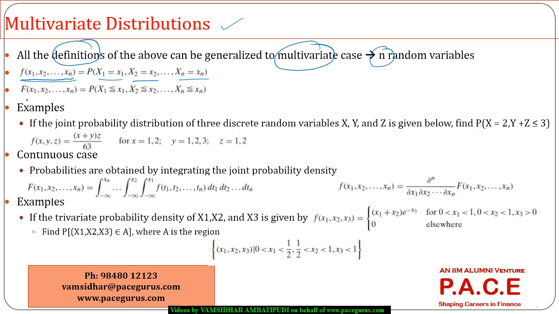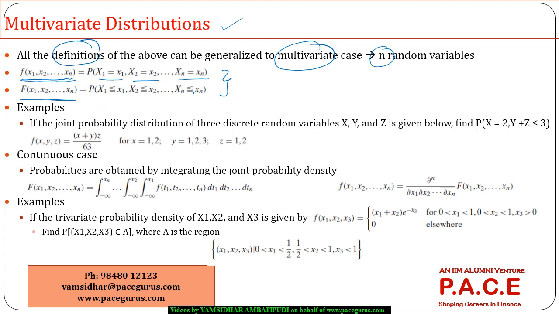When I talk about the cumulative distribution function, capital F of x1, x2, xn, we are talking of probability of X1 less than or equal to x1, X2 less than or equal to x2, so on, Xn less than or equal to xn. So this is what is typically working out in case of multivariate.